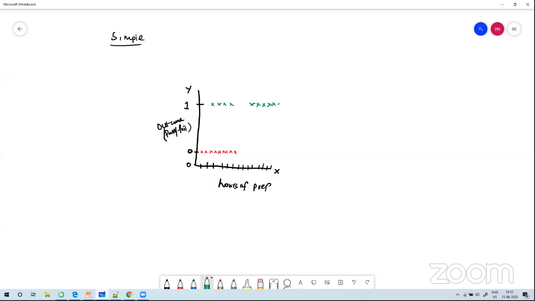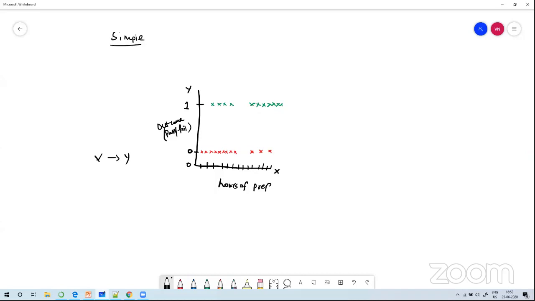So these are the people who prepared for more hours. And some people, though they prepared more, still failed the exam. Okay, this is how we can represent X and Y in this particular case. X is our number of hours of preparation and Y is the target variable.